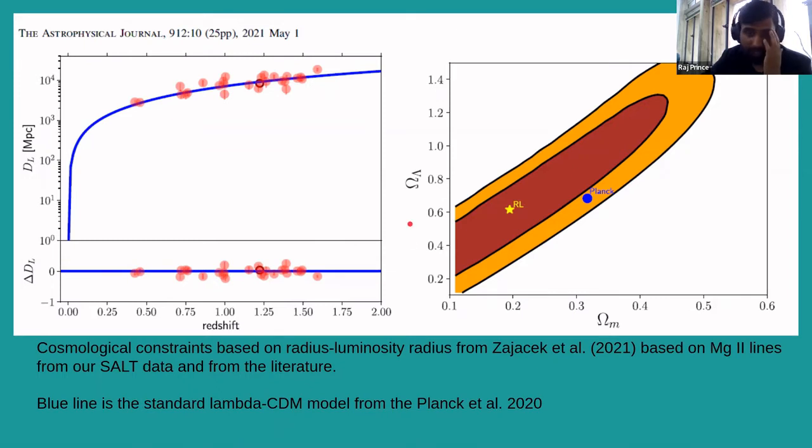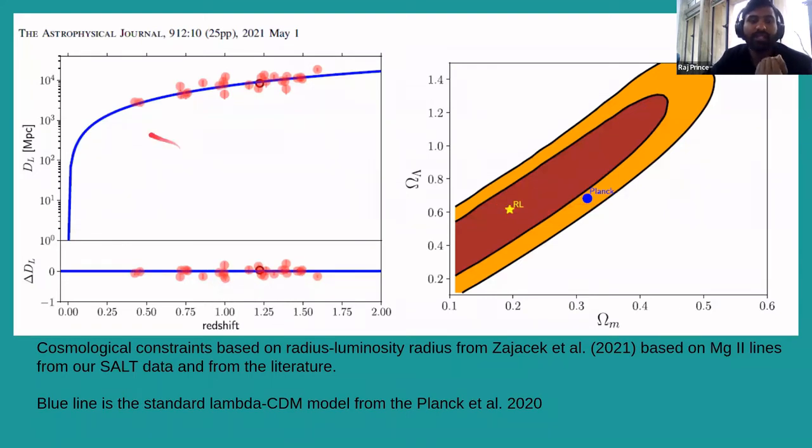And similarly, you can also measure omega m and omega lambda. Here we have shown the 1 sigma and 2 sigma error, and the radius luminosity result and the result from the Planck collaboration are within 1 sigma. I mean, they are very close, but within the 1 sigma error bar.